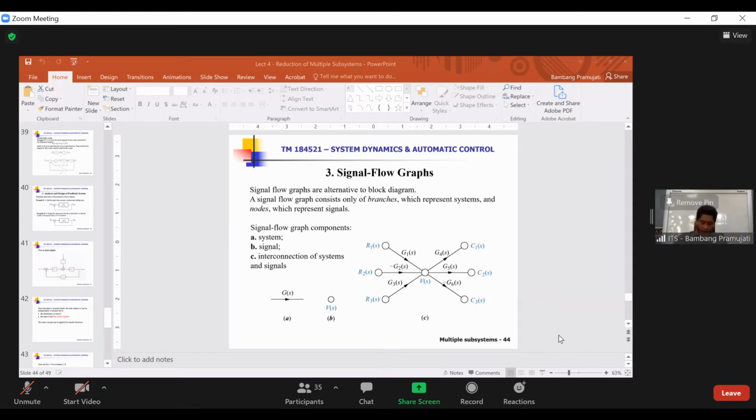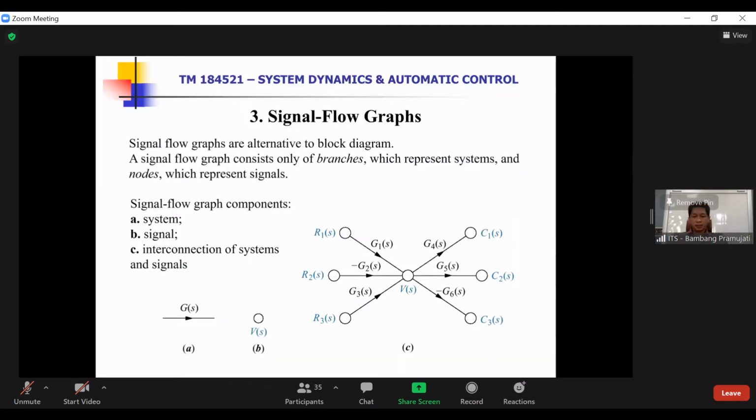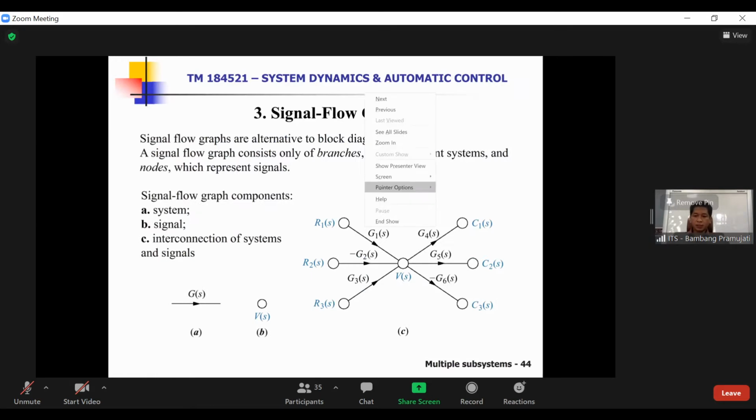Ini dalam bentuk branches. Branches itu represent the system. We call this a branch. And then we have the signal, represented by node. Ya, ini node-nya. Node ini represent signalnya.